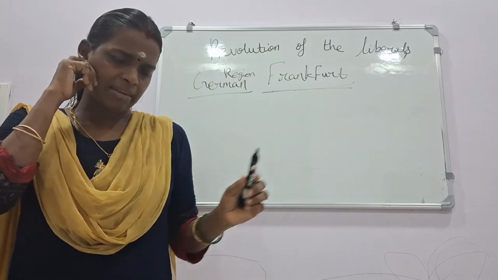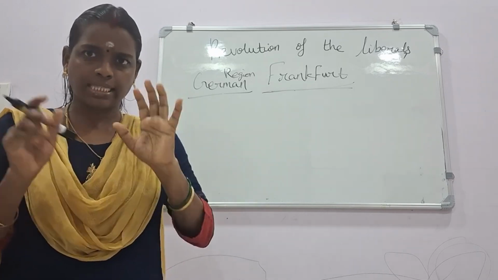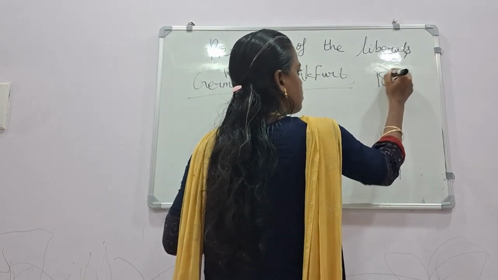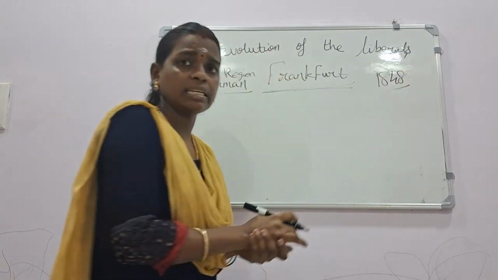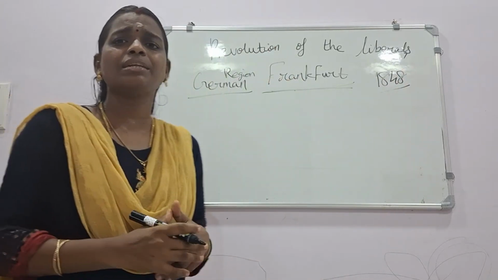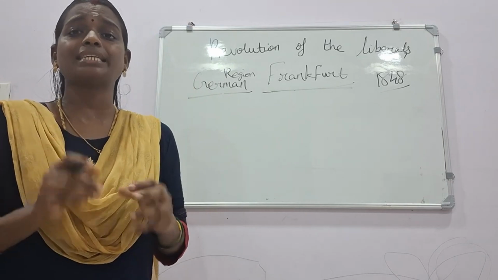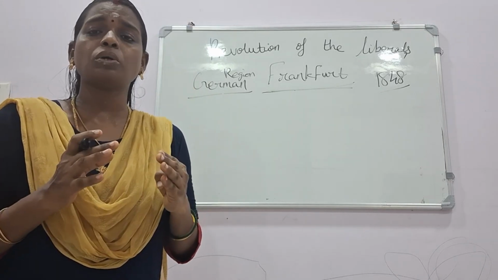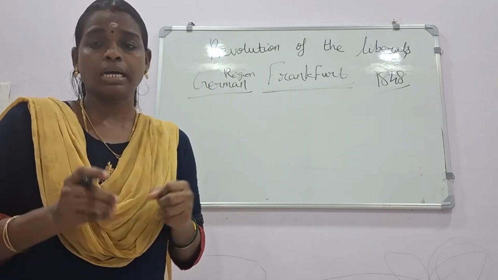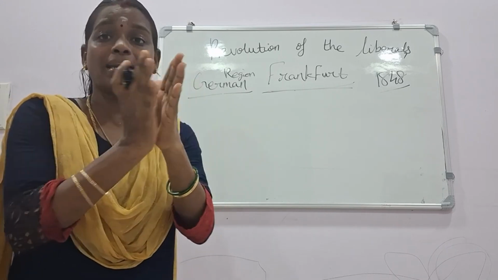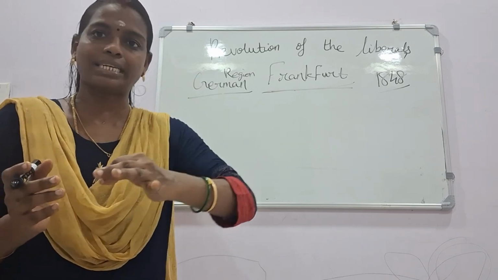Actually, at that time in 1848, the same year, they conducted the election for the German National Assembly. As we already studied, only property men were allowed to cast their vote. Non-property men as well as women were prohibited or banned from casting their vote. We studied that in the previous class.